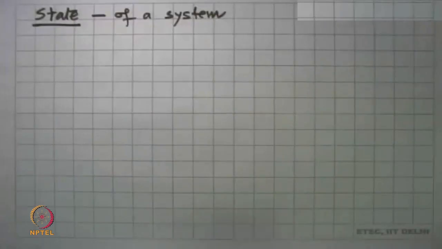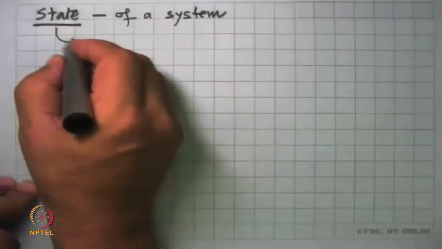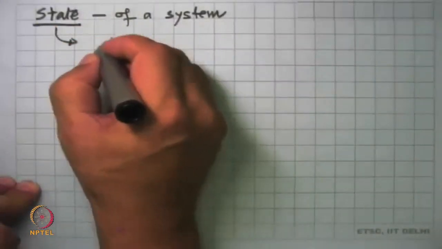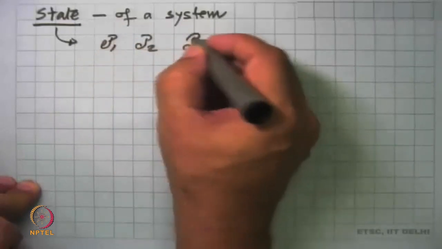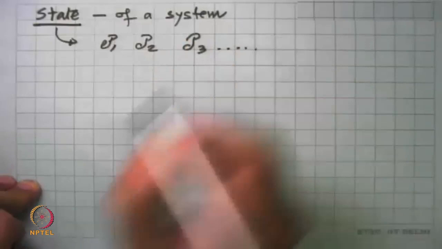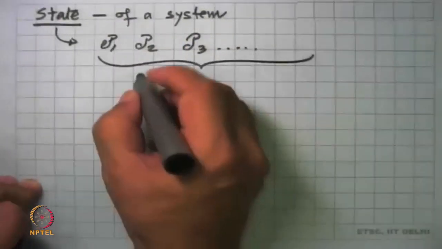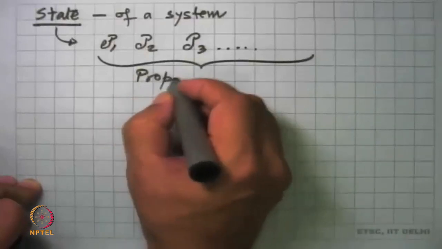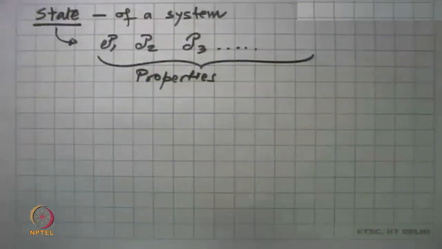And what we mean by state is that we have a set of properties, and we just call it P1, P2, P3, and so on. And we say that it is this set of properties that define the state of the system.